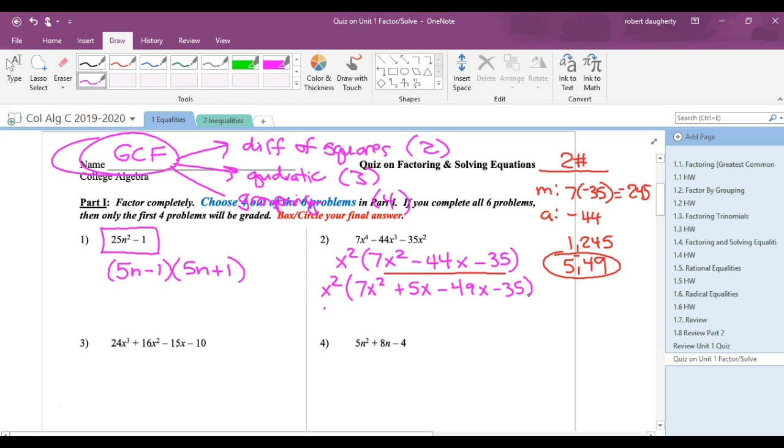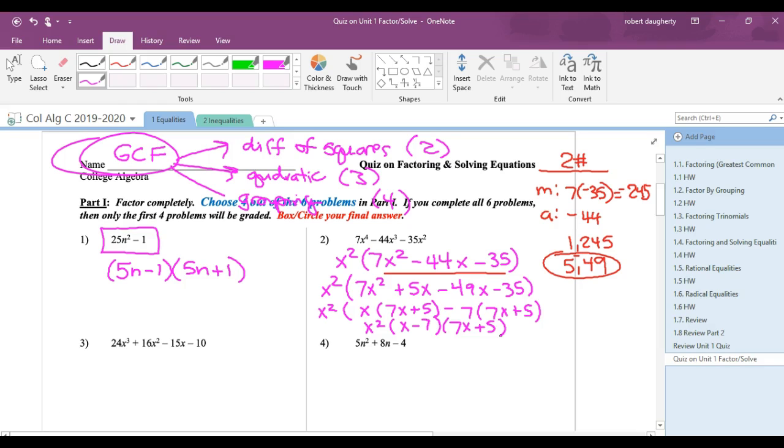Now it's factored by grouping. X squared. The first two terms have an x in common. 7x plus 5 minus, and it looks like I can factor a 7 out, 7x plus 5. So this final answer is going to be x squared, x minus 7, 7x plus 5. Okay, that's the final factorization of this guy.